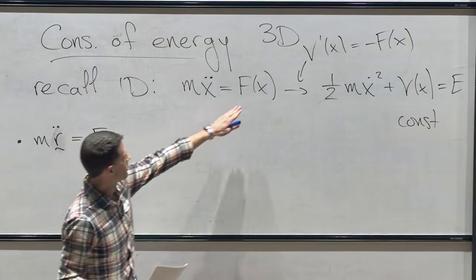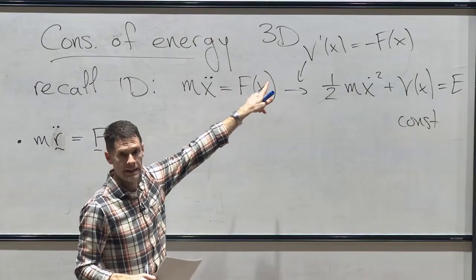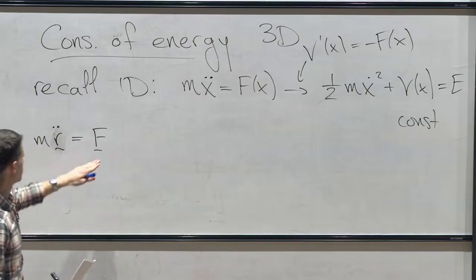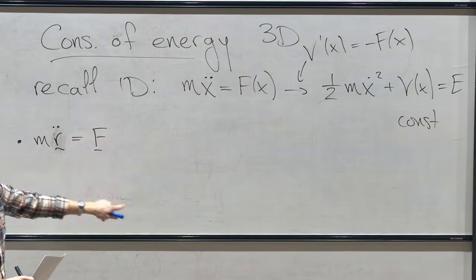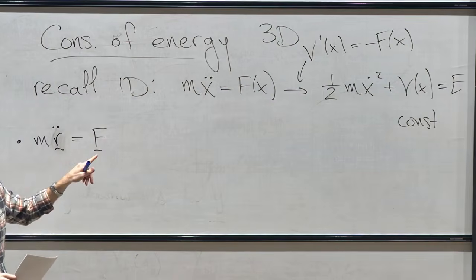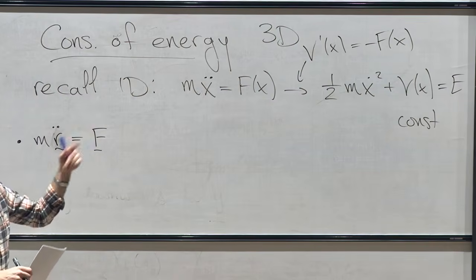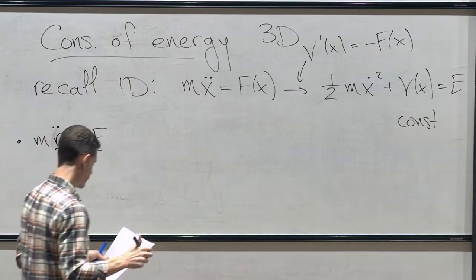So what's the equivalent conservative force there? I had an antiderivative. In 3D, f is a vector field. To be conservative, we need an antiderivative, which means there's a V such that the gradient of V gives us f.